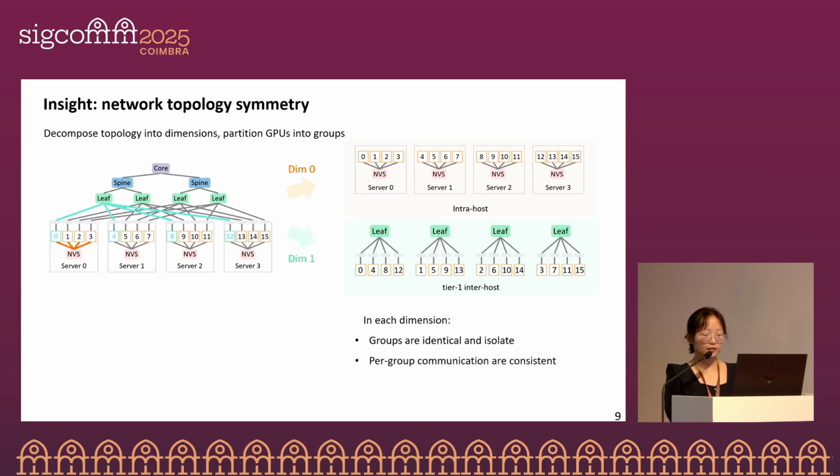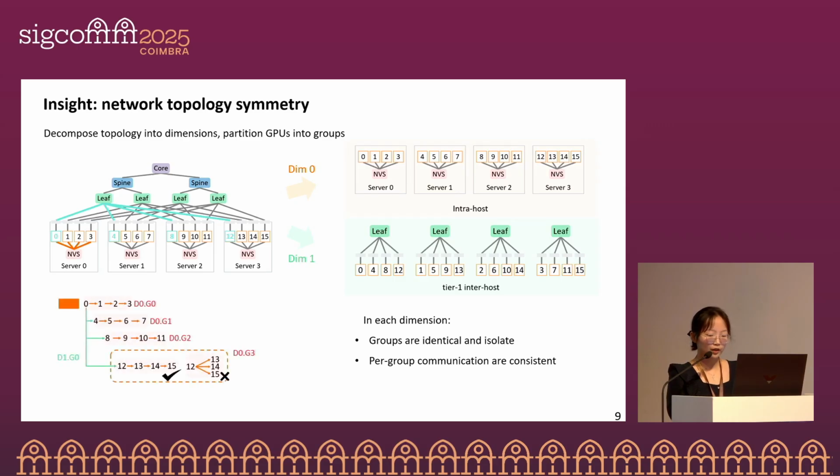Given these identical and isolated group characteristics, the communication across groups should also be consistent. Here is an example. In the intra-server dimension, if 3 groups, group 0, 1, 2, use a ring schedule, then the last group 3 should also use a ring schedule. If we use a tree schedule, it would be suboptimal.